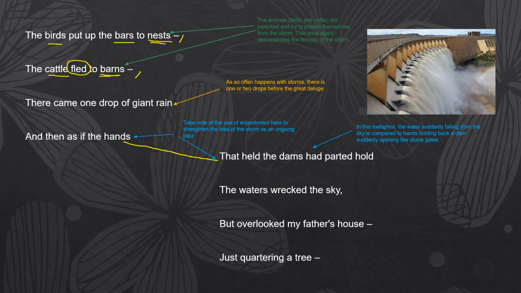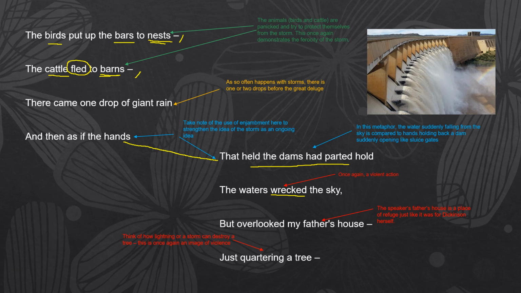Okay, so it says that the hands that held the dams had parted, and what happens then, just like if sluice gates had to open and the water rushes out the dam, these hands parted in the sky and the waters wrecked the sky. Okay, it started raining very heavily. Now notice here this word wrecked once again here. It's a very violent action. In other words, the rain is so intense that it's almost like it's wrecking the sky.